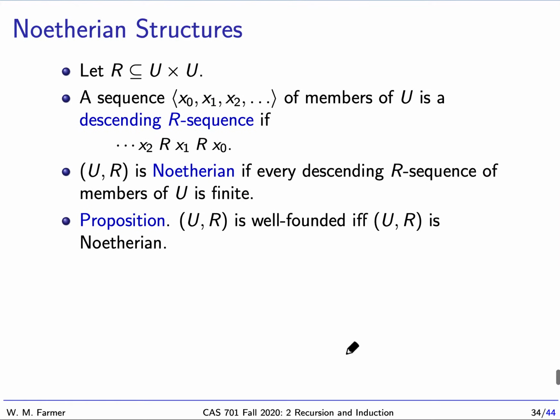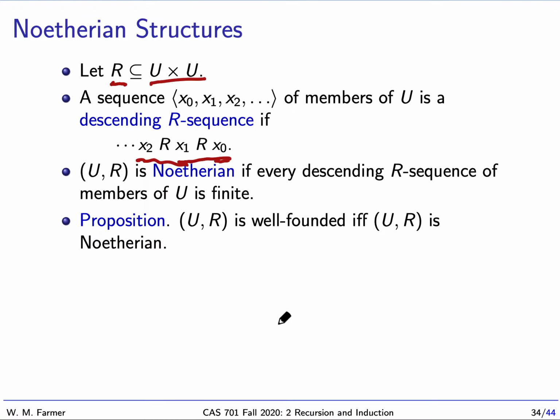Okay, so let's talk about another notion, which we've mentioned briefly before, Noetherian structure. So again, we're going to have a binary relation R on U. If we take a sequence of members of U, that is called a descending R sequence if, when we start with the first member, we can find something that's related to it like this, and then with that member we can find something that's related to it like this, and so forth.